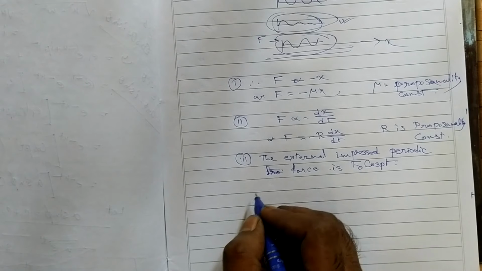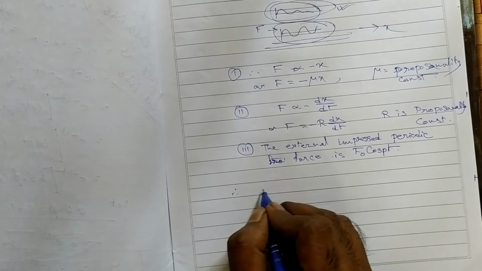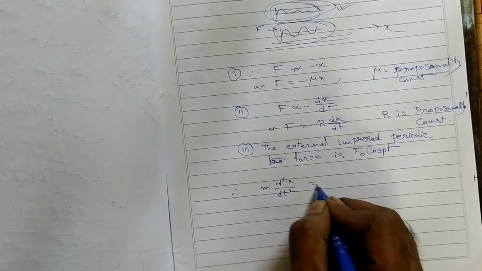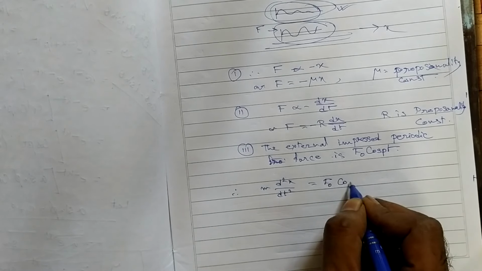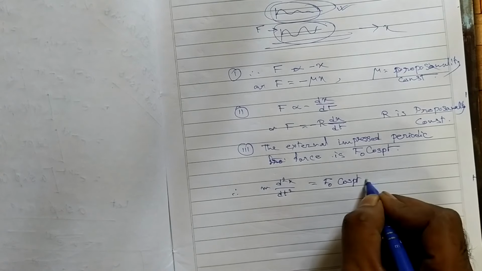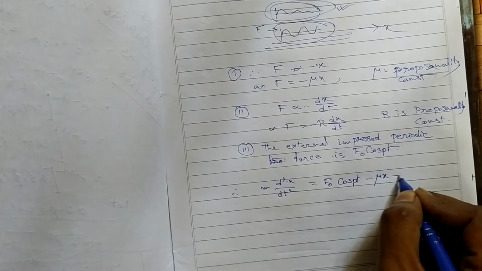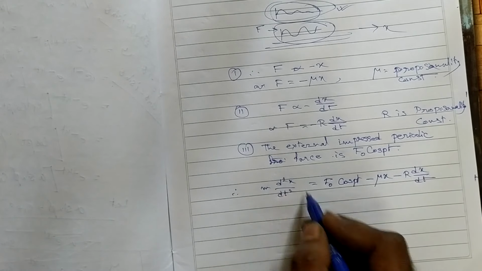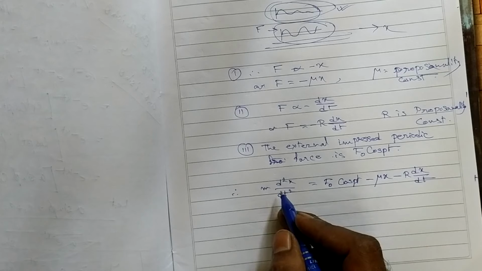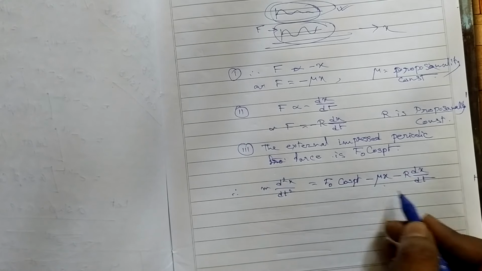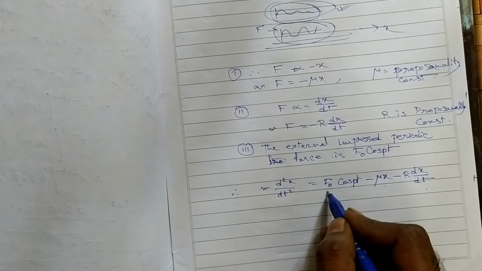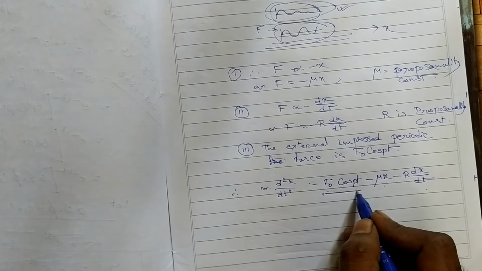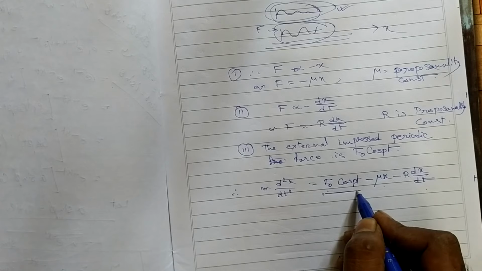Then if you set the equation, m d2x/dt2 is equal to F0 cos pt minus mu x minus r dx/dt. Is it clear? This is the inertial force, this is the resistive force coming from the damped part, and this is the external impressed force you give to resist the decrement of the amplitude of the damped vibration.